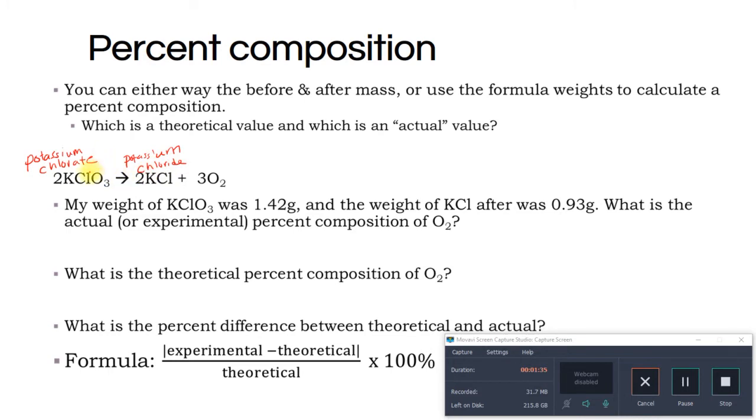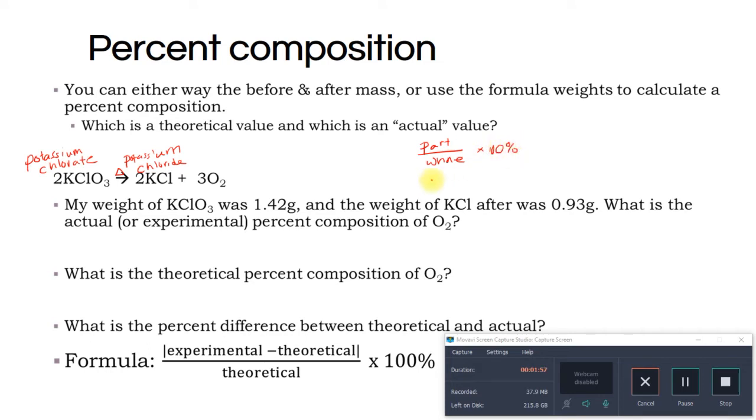We took potassium chlorate and heated it up. You can show heat by putting a little triangle over the arrow here, and it produces potassium chloride and oxygen gas. If we want to do a percent composition, that's basically part over the whole times 100%.